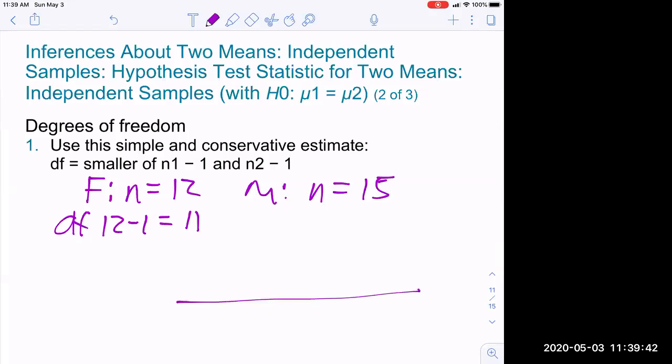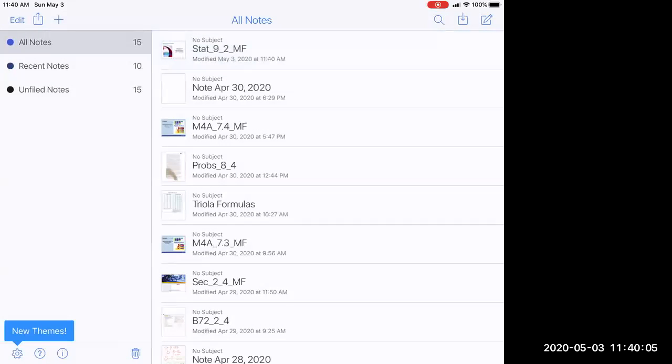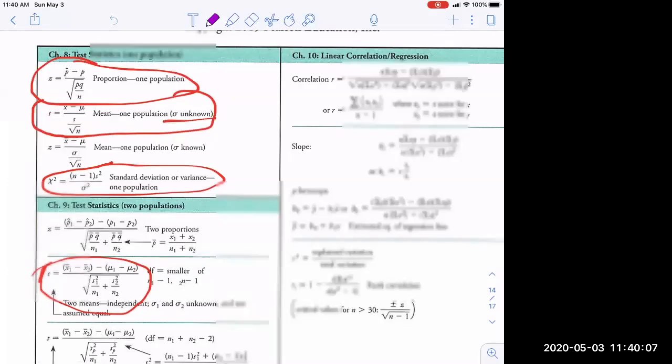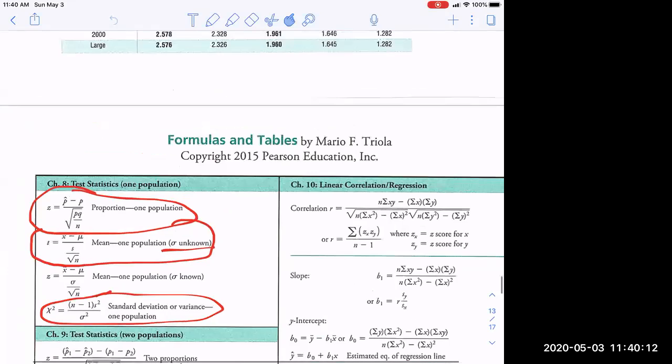So what we need, because it's a two-tailed test, alpha was 0.05, so we split that in half. And now I need my critical T. And we can go to the Triola formulas and see just how messed up this is. Let's see, where is T going to be?